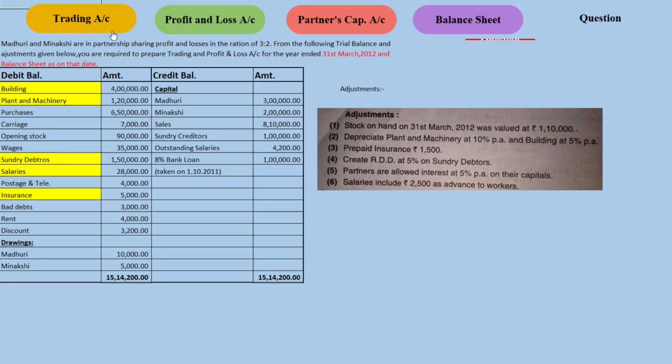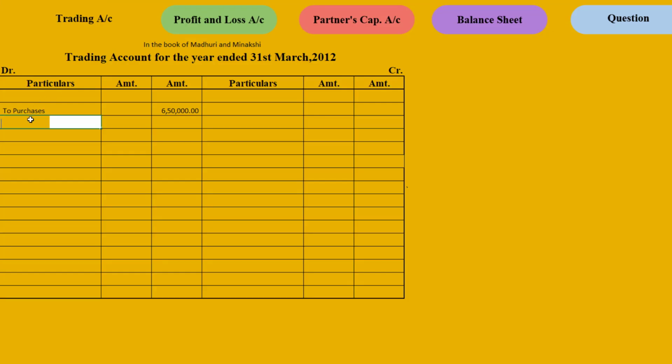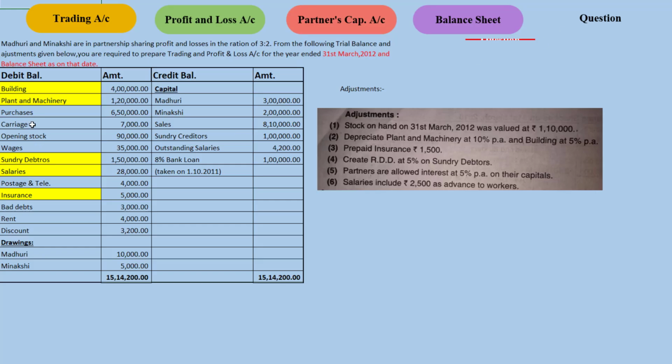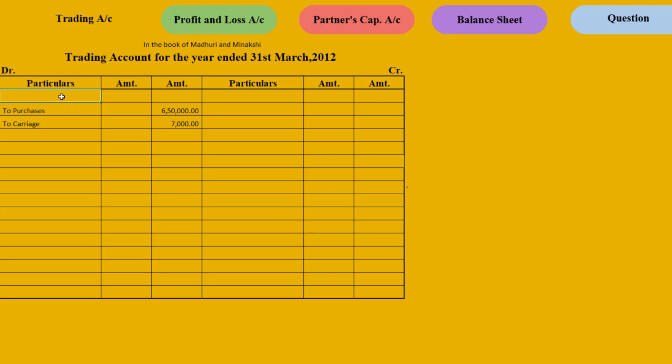Carriage 7,000, again trading account, start with 'To'. Go to the outer column because there is no adjustment. Then see, opening stock 90,000 will be recorded in the trading account at the top, start with 'To'.